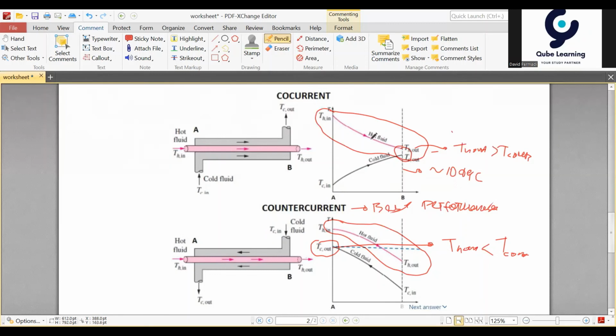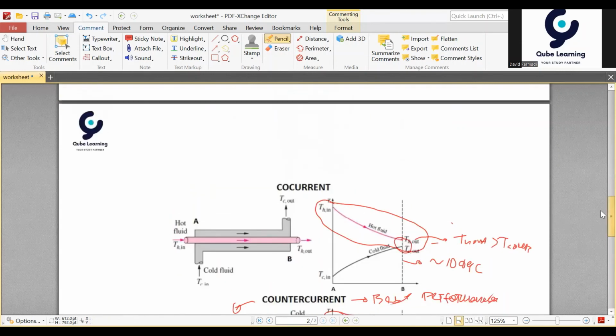The hot fluid is represented by the process fluid, and the cold fluid is represented by the cooling water supply. That's why, most of the time, counter-current will be selected as the best design for your heat exchanger. Okay, I think that's all about my explanation.